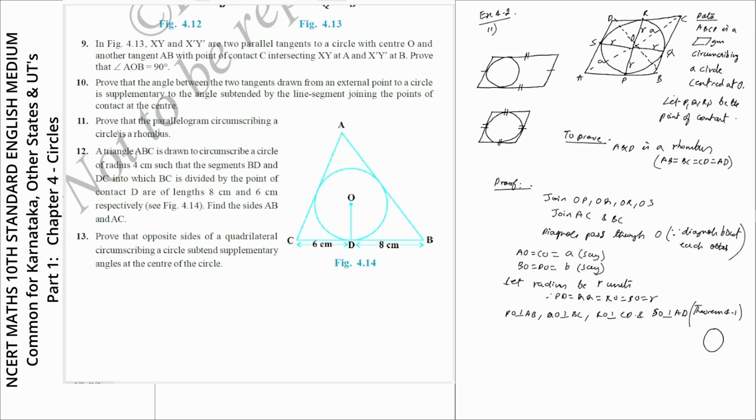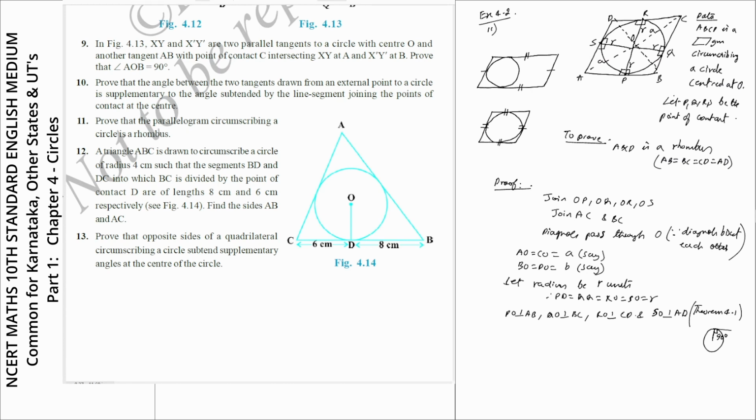The angle between tangent and the radius at the point of contact is 90 degrees. So here PO is the radius, P is the point of contact and AB is the tangent. Therefore PO is perpendicular to AB. I'll indicate the same thing in the diagram, you can check it out. These are all right angles. So in the figure there are many right angles.